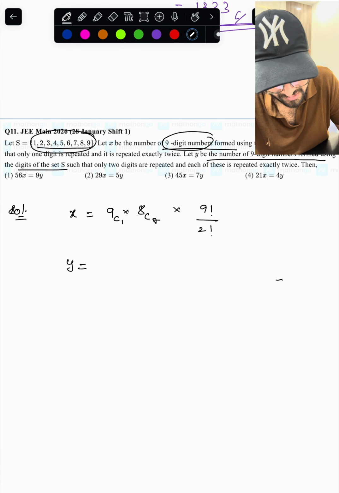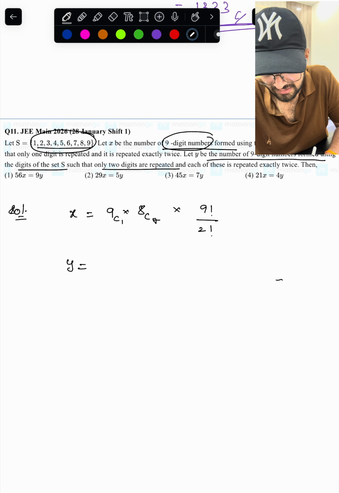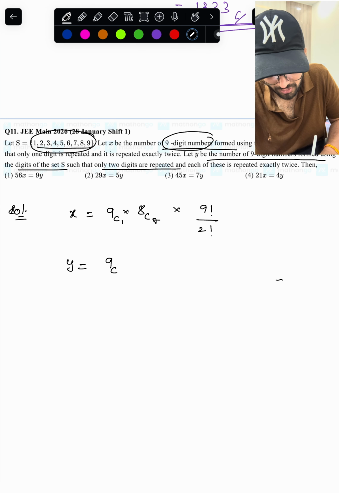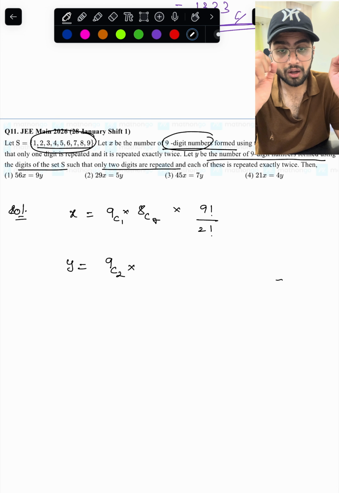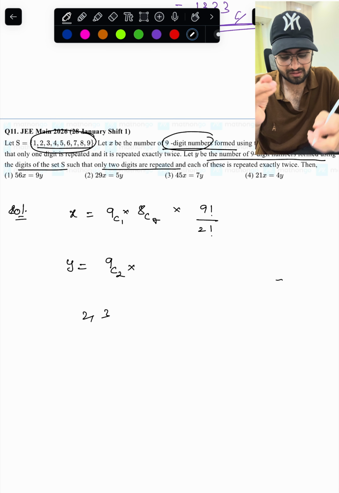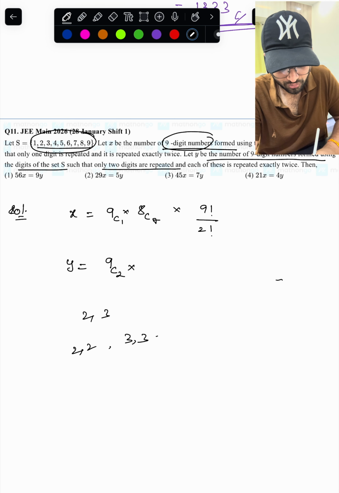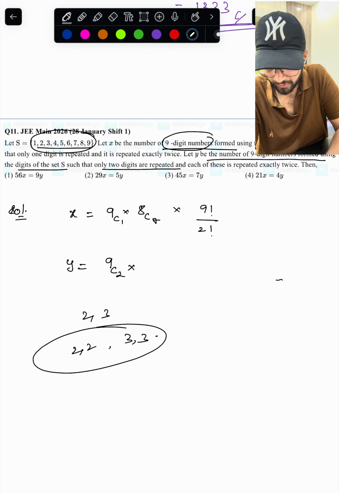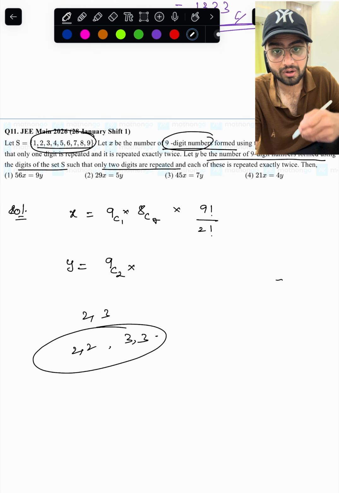Again Y. Y is the 9-digit number formed using the digits of the set S such that only 2 digits are repeated. So out of 9 I will select any 2. Now those 2 will be repeated. Suppose I have taken 2 and 3, so two 2s and two 3s will come like this. So we already have 4 digits.